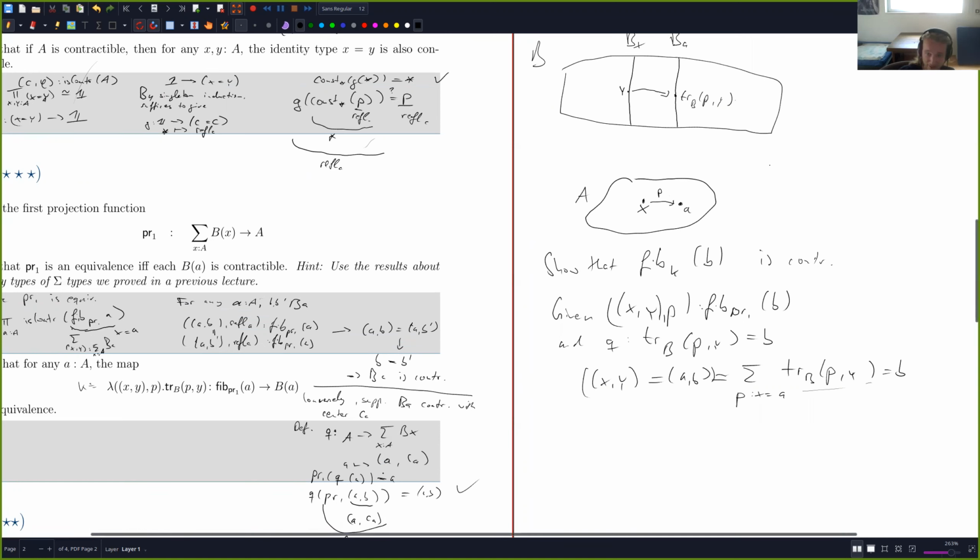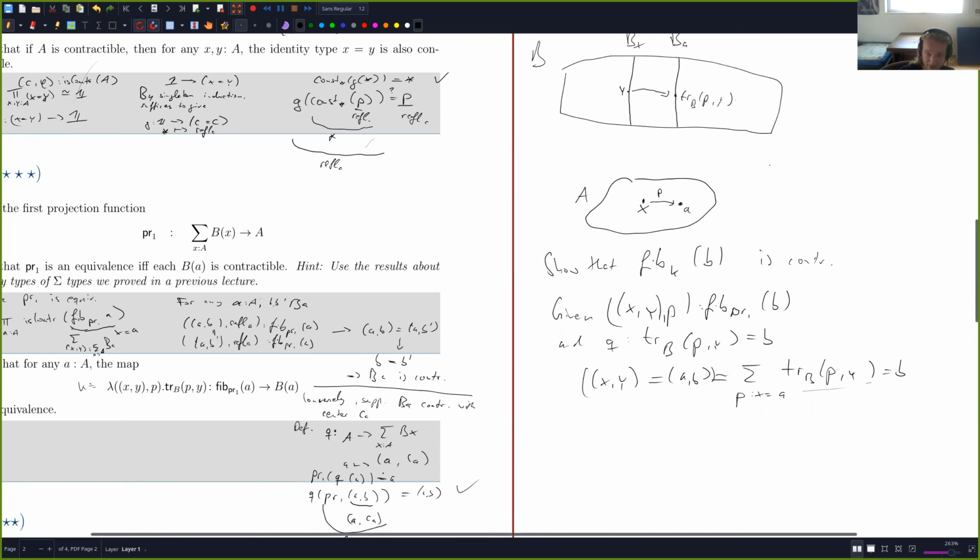That is, (x, y, p) is equal to (a, b, refl). I'm sorry about the chaos here.